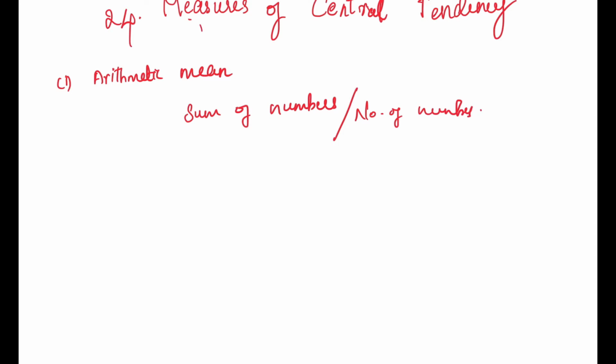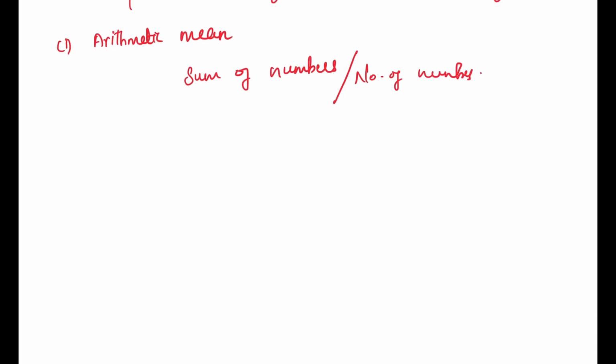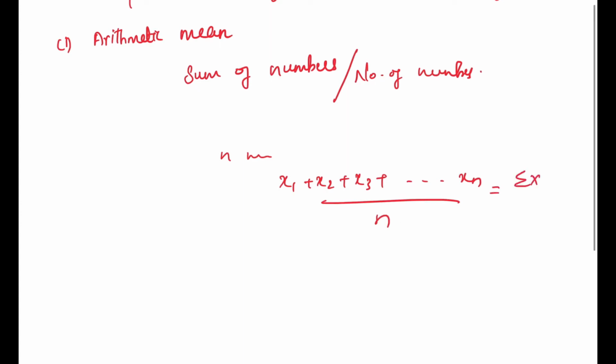For example, mean of n numbers: it will be x1 plus x2 plus x3 up to xn, divided by n. There are n numbers, right? So you can write sigma x, that is the sum of x, by n. Hope it's clear. Now this is for the normal data.